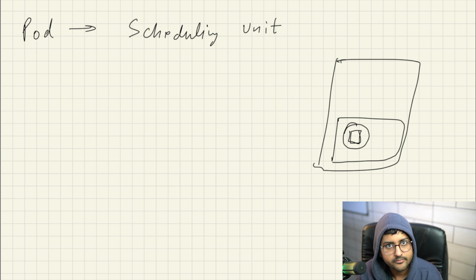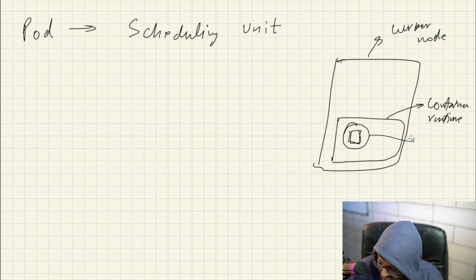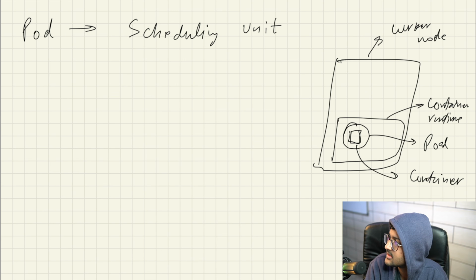Okay, make sense? So you have something like a container runtime, worker node. I'll go into details of worker node later on. This is a pod and this is a container. Make sense?